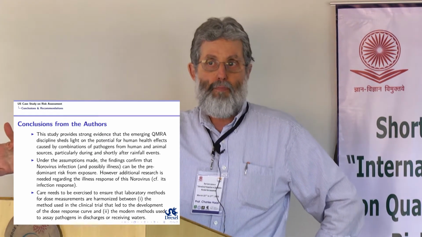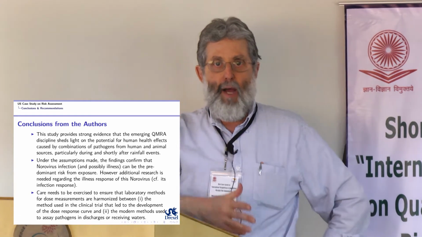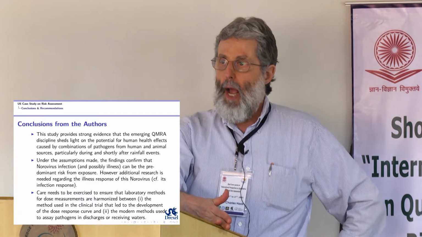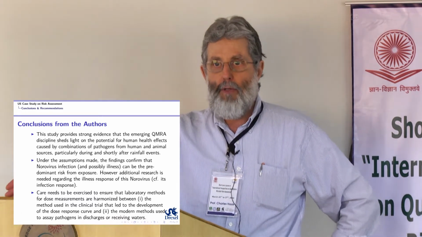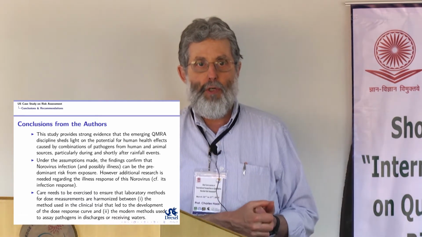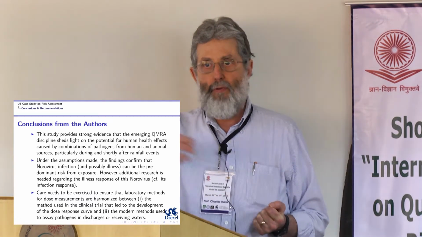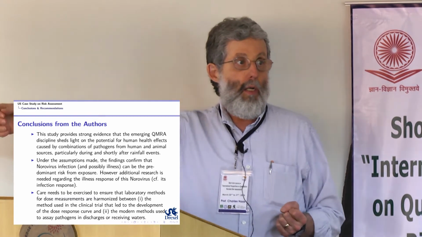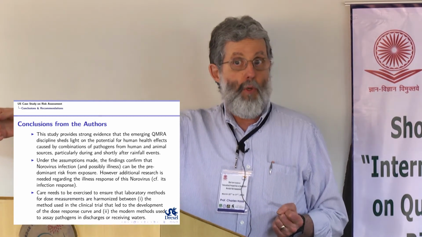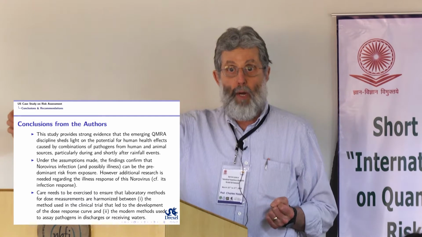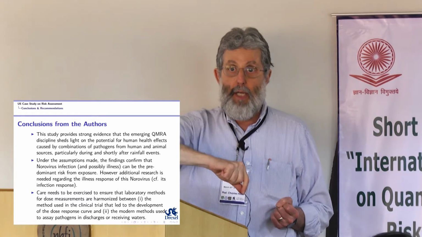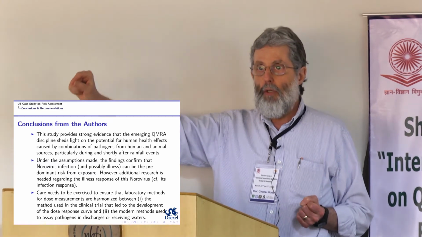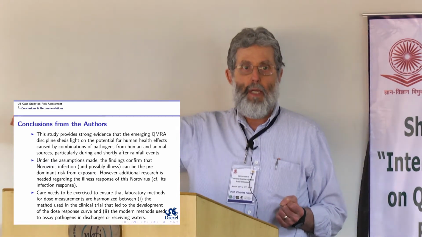For example, it may be a different value for the ratio between qPCR genome copies and TCID counts if you're very near the source of discharge versus if you're 24, 48, 72 hours downstream of the source of discharge, because the rate at which viability decays is different, and we know that, than the rate at which the genome copy signal decays.